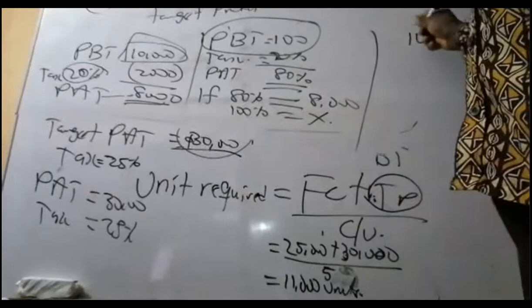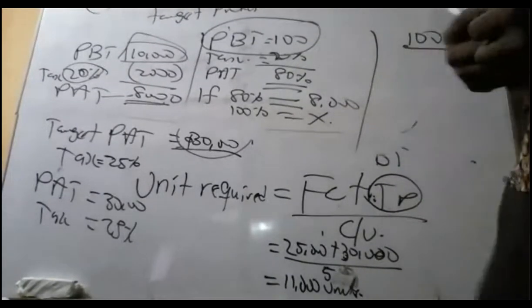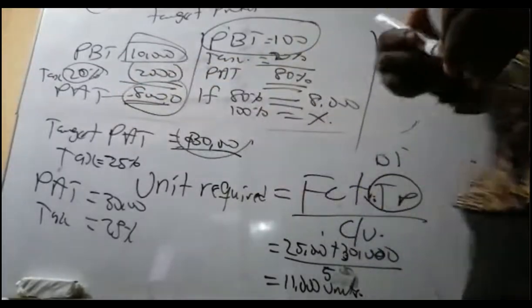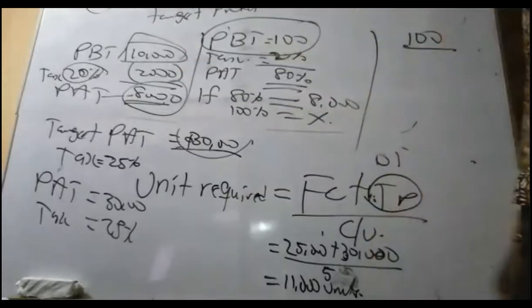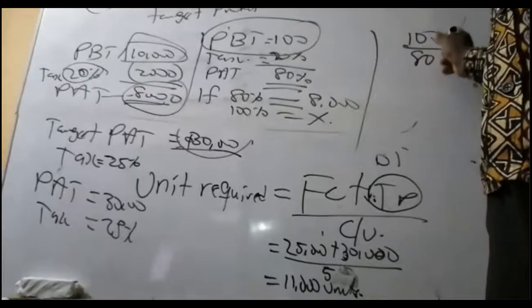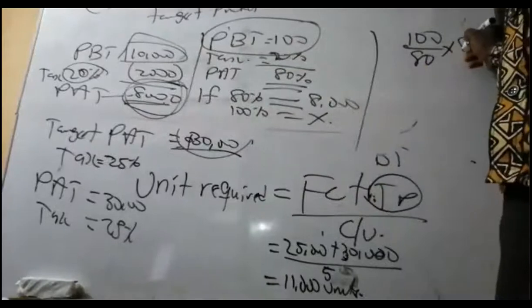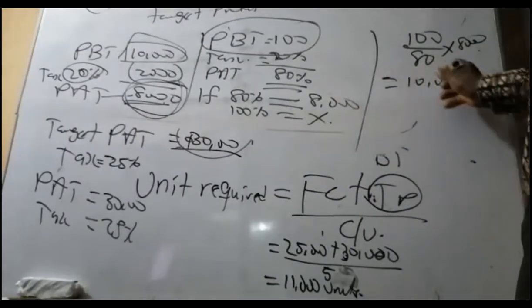So pick it like this: 100, divided by what you have. This 8,000 given to you is representing net of tax. So if tax is 20, net of tax is 80. So divide 100 by 80, times what you have, the 8,000, right? And this will give us 10,000.